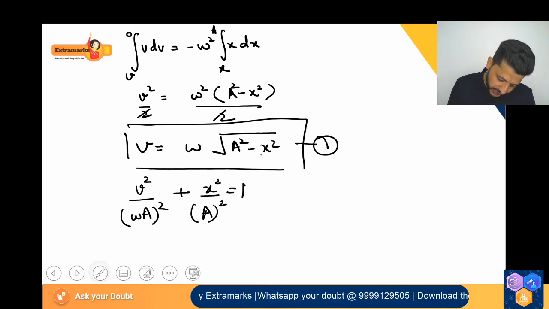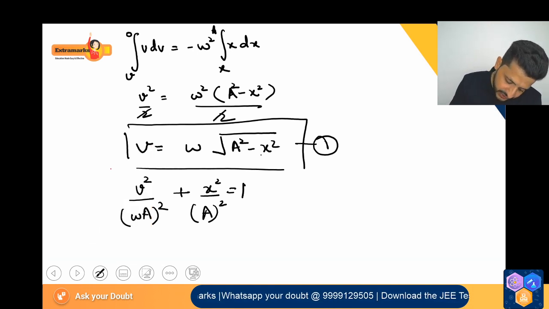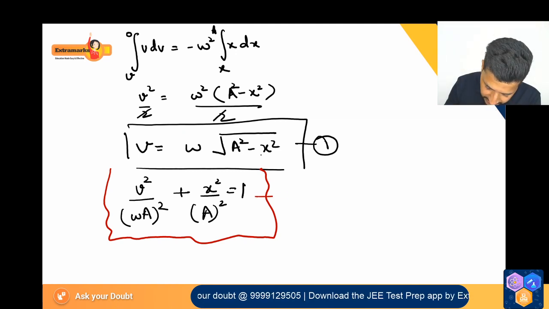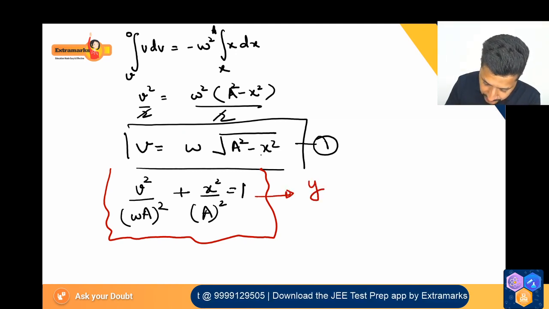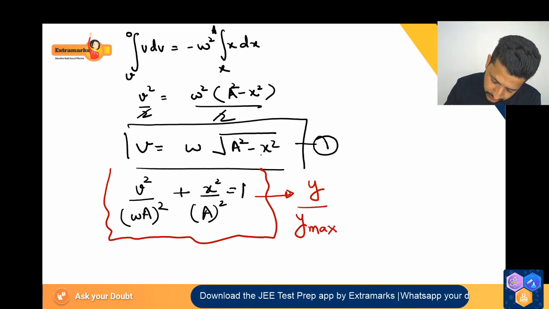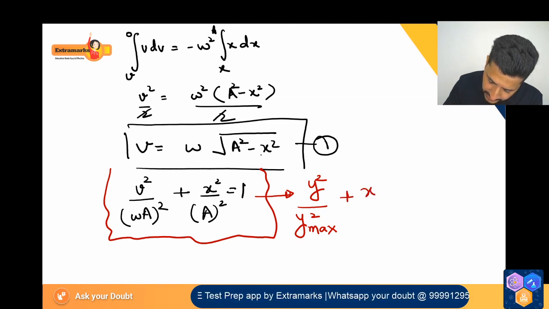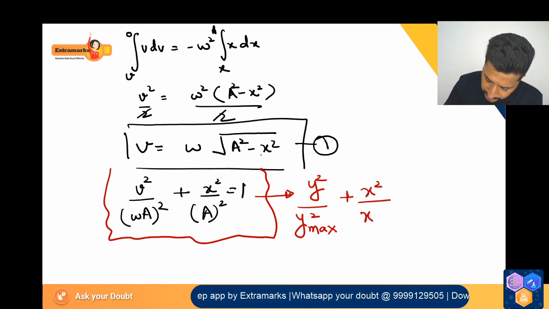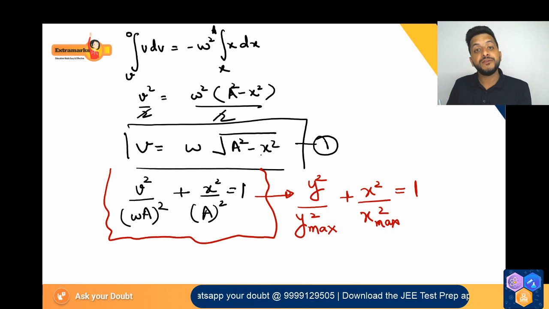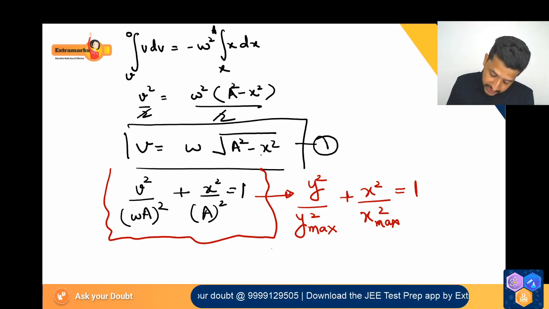Now some of you might have understood why I said this looks like a more proper equation, because this is nothing but an equation of the form y square by y max whole square plus x square by x max whole square is equal to 1. And if you remember, beta, this is the equation of an ellipse.